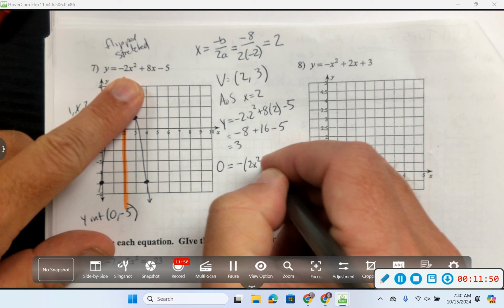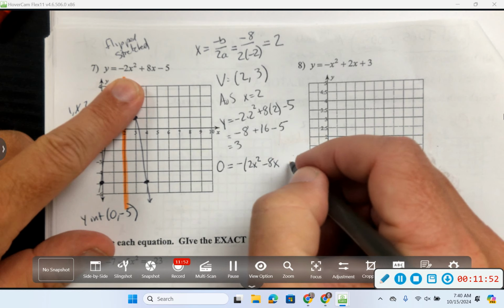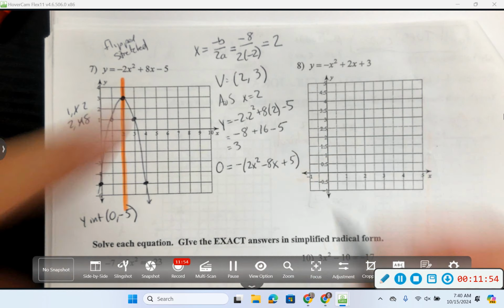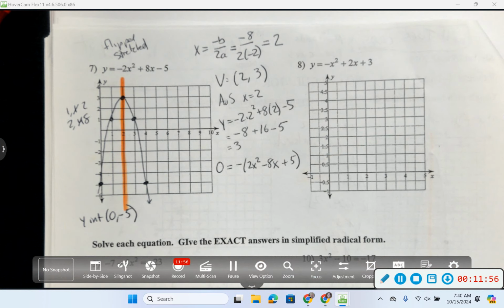So 2x squared minus 8x plus 5. And I don't think that's going to factor for us. So how do we find the x-intercept? And we don't know the quadratic formula yet. I mean, you might, but that's what we're starting next week or on Friday. So I can't do it that way.